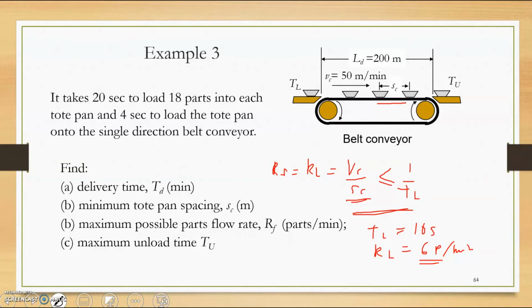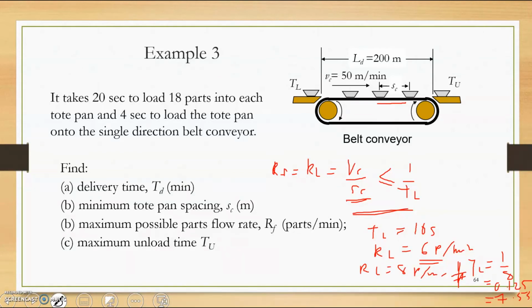So let's say we desire to have RL equal to 8 parts per minute. Then TL will be 1 over 8, which is equal to 0.125 minute, which equals 7.5 seconds.